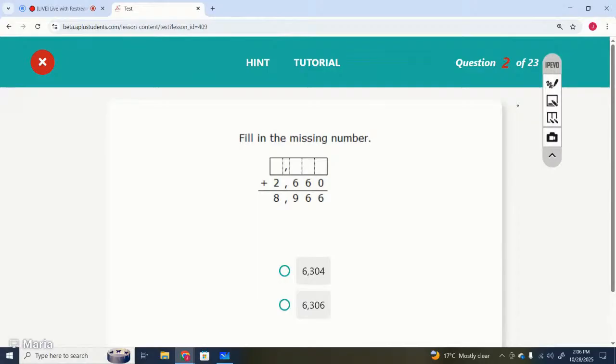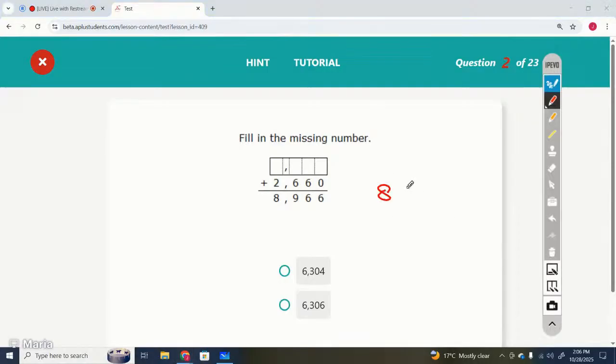Fill in the missing number. So just subtract the given number out of the sum. 8,966 take away 2,660. So 6 take away 0 is 6. 6 minus 6 is 0. 9 minus 6 is 3 and 8 minus 2 is 6.